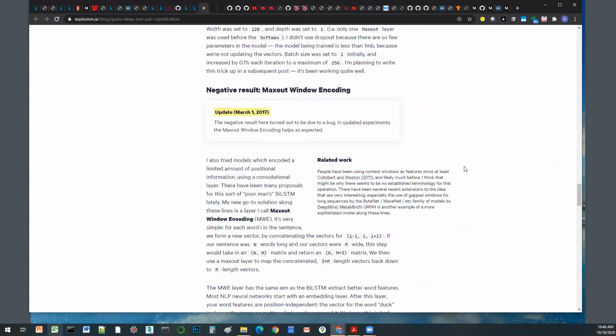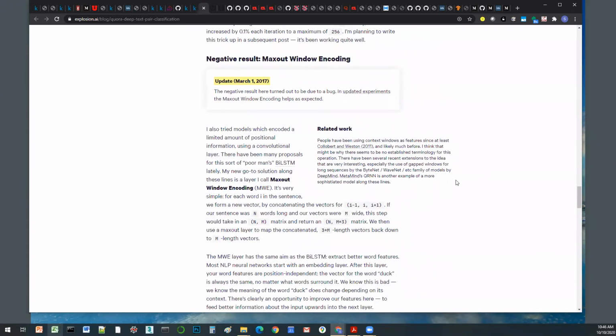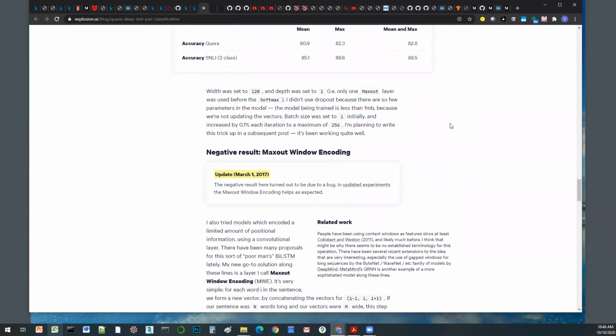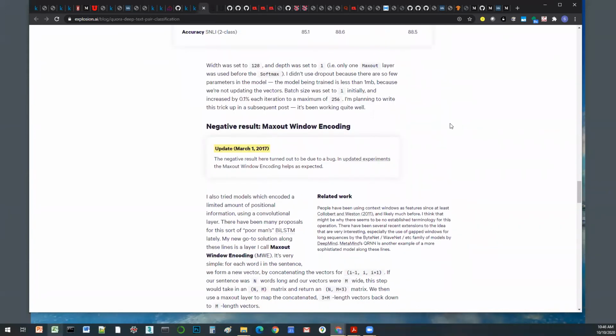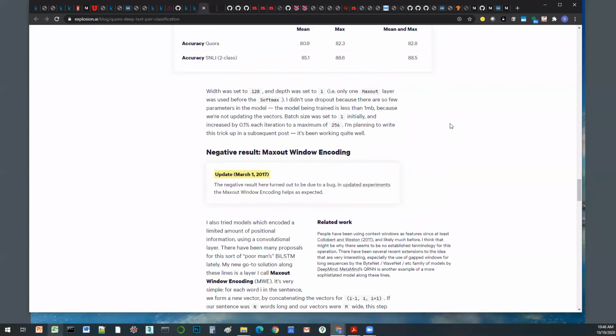And then concatenates them. You get the mean and the max of the encodings for each word in the sentence. And that's for sentence 1.